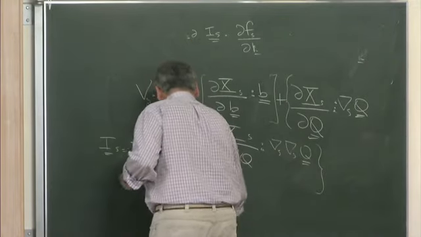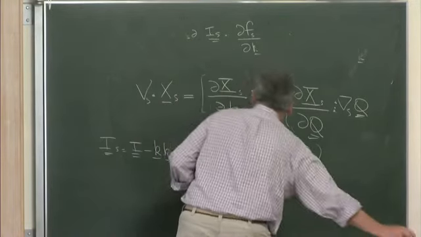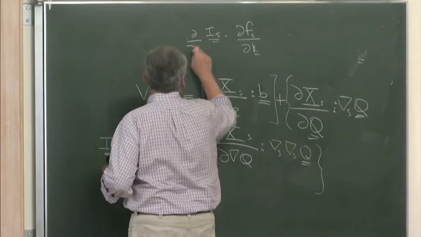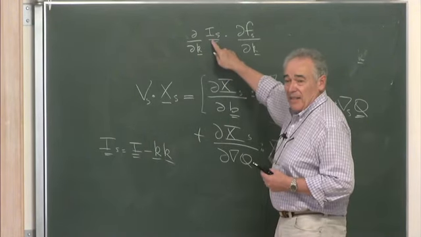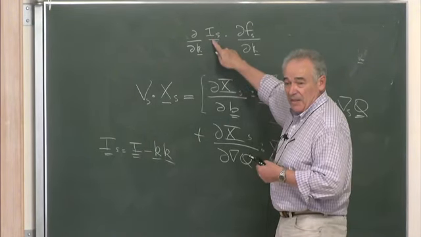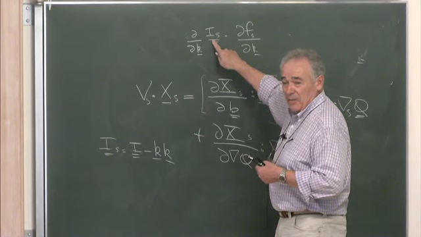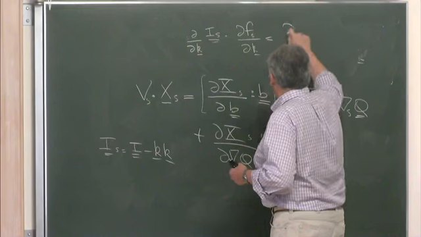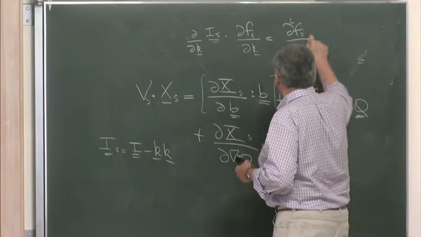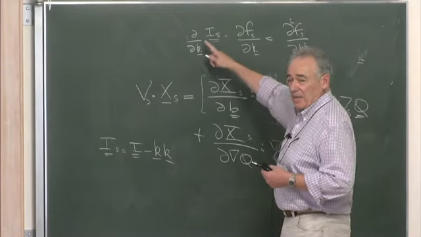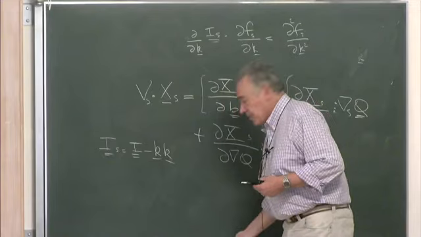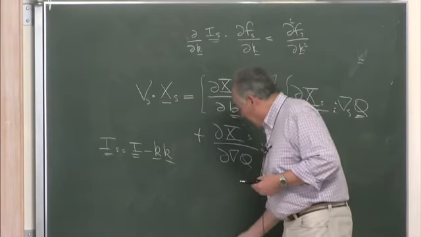That's the derivative of that with respect to k, and there is a k embedded in here. So you have to be very careful if you write something like this in shorthand.